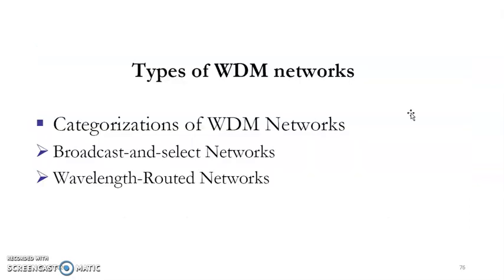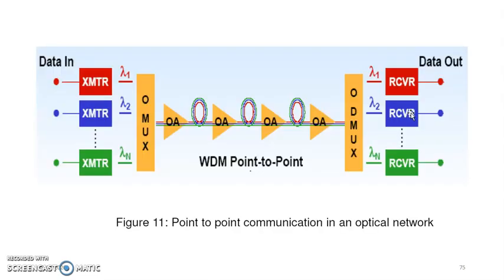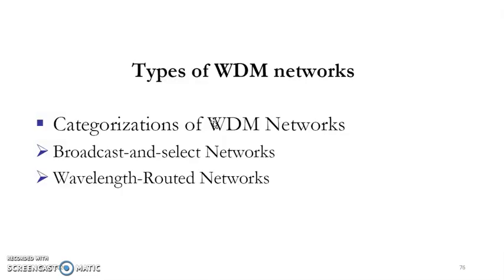Then we can say that a WDM network is categorized into the broadcast and select network and the wavelength routed network. So these are the types here. This is generally point-to-point communication in an optical network, and if you see that, we can consider a broadcast or a wavelength routed network.